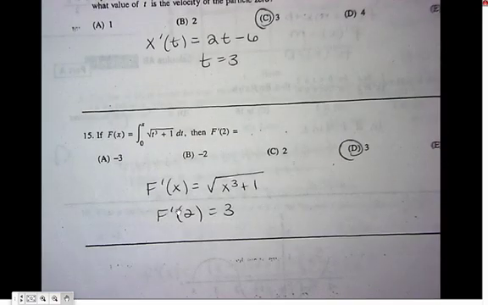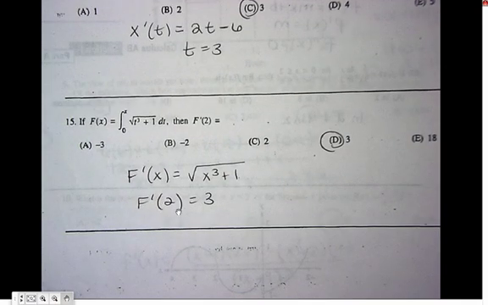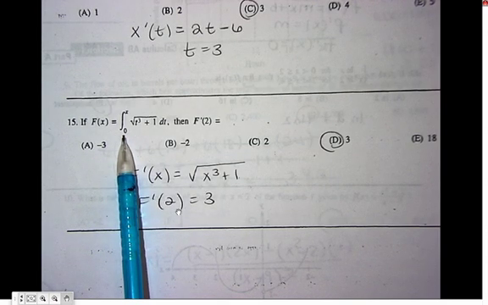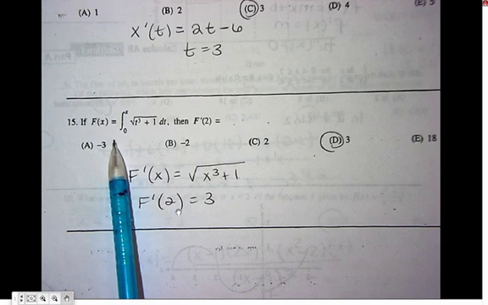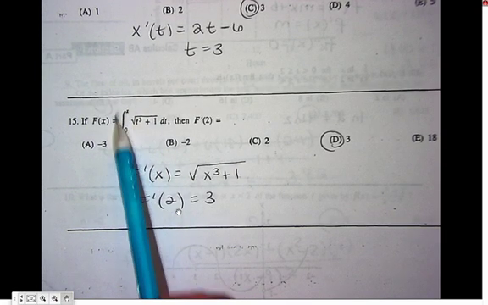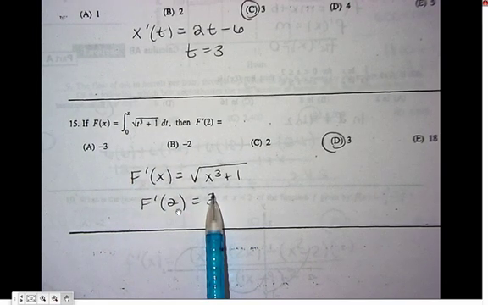Let's look at 15. 15 is asking you to use what theorem? Second fundamental theorem, yeah. Second fundamental theorem, the derivative of an integral. The derivative of an integral, if the bottom's a number and the top's just a plain old x, you just throw in the x.